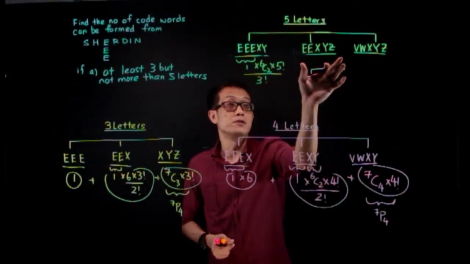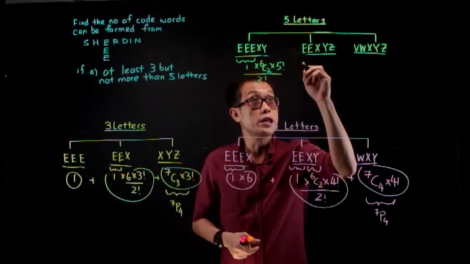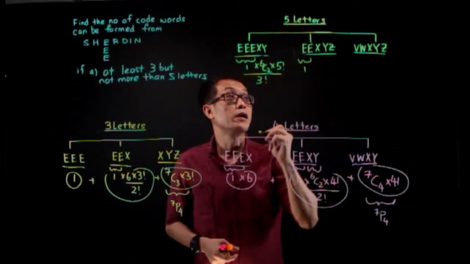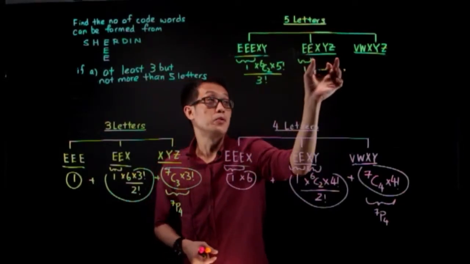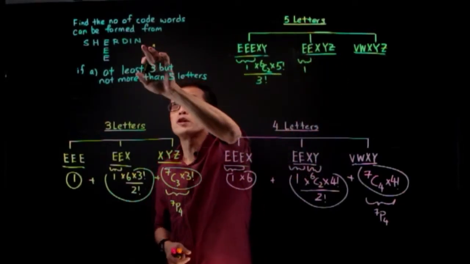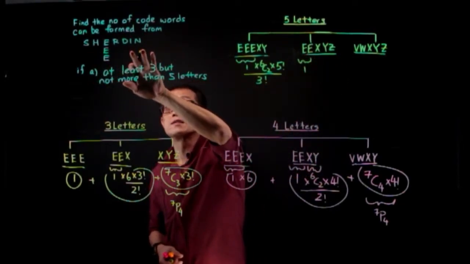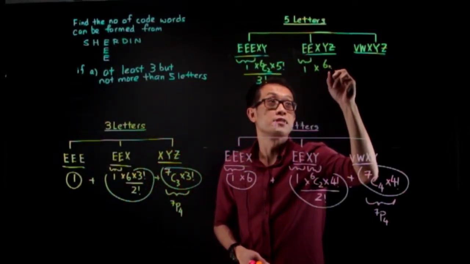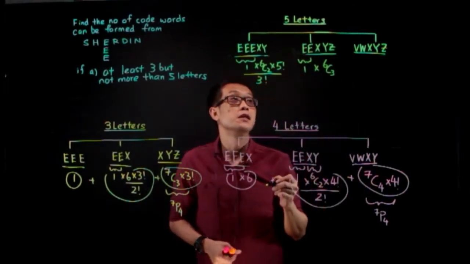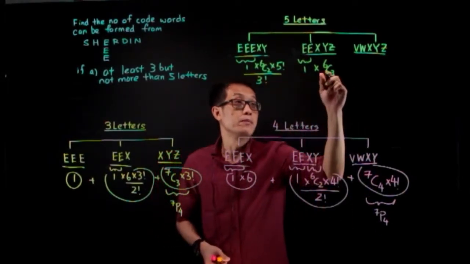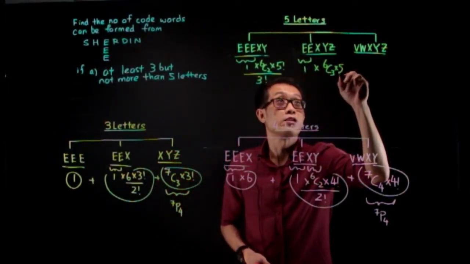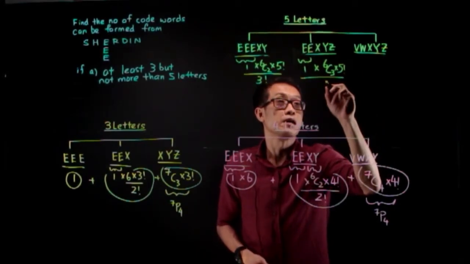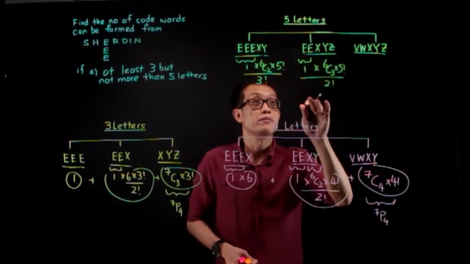How about this option? You have 2 E's. That will be one way. And you're supposed to choose 3 out of the 6 letters other than E. So you have 6C3, and we can permute them. So times 5 factorial, divide by 2 factorial, because there are 2 E's.